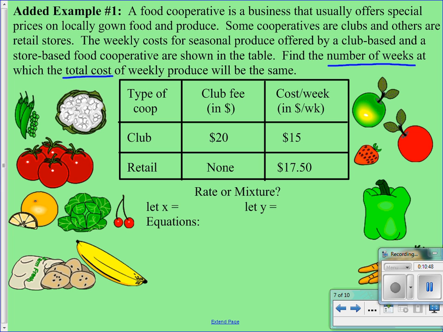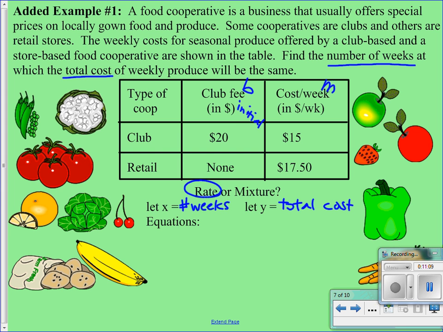So x is going to be our weeks and y is going to be our total cost. Look at what they're giving us. They're giving us a club fee. There's your initial fee. And they're giving us a cost per week. Here's my slope. Here's my y-intercept. This is a rate equation.